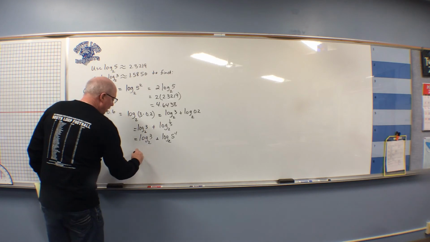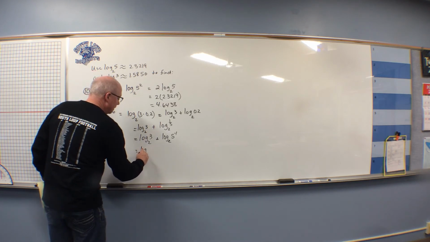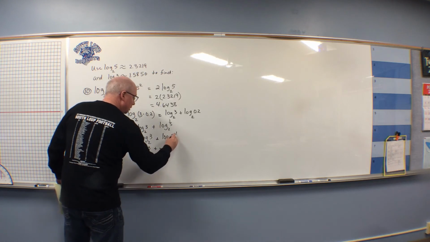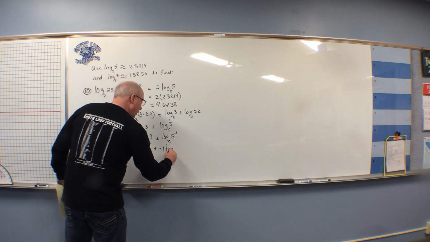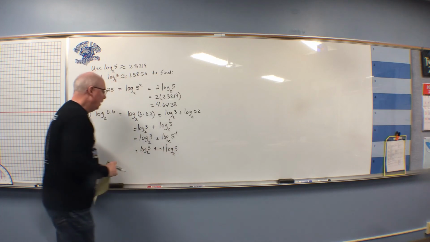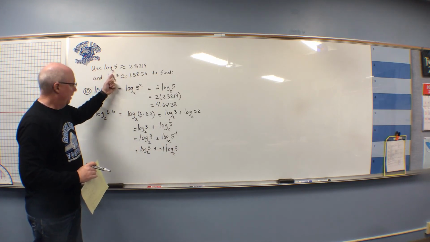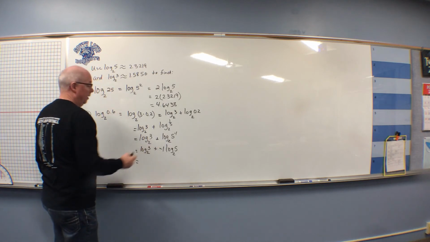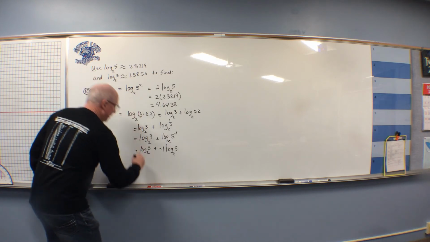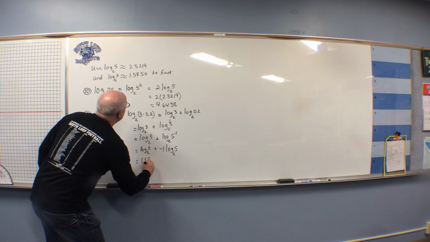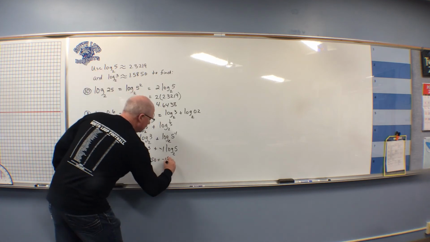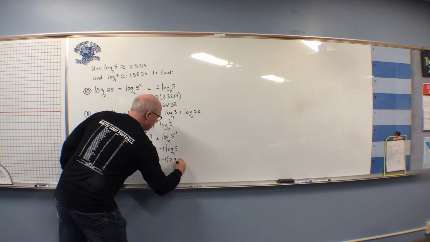All right? Once again, I'm going to keep this as log of 3 base 2 plus, and I'm going to apply the power rule. So I'm going to bring the minus 1 in front, so I have the log of 5 base 2. Now I have the log of 5 base 2 with the negative 1 as its coefficient, or out in front of it. So now I can plug in 1.5850 for that, and I can take a negative 1 times 2.3219.